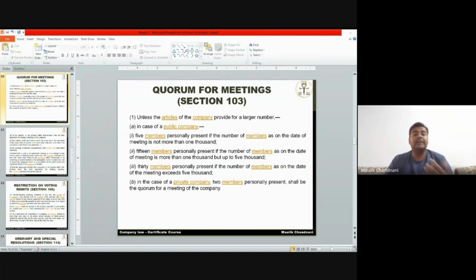So firstly, they called the meeting themselves by issuing certain notices and all that, and then the quorum itself is not present. This is not acceptable. If the meeting was called by the requisitionists under section 100 and they themselves were not present, then this meeting will not be adjourned or postponed. The meeting shall stand cancelled.